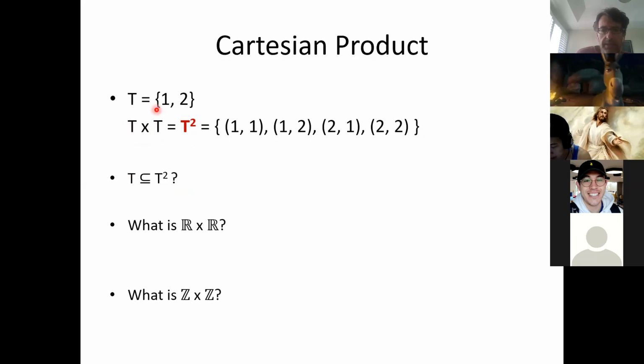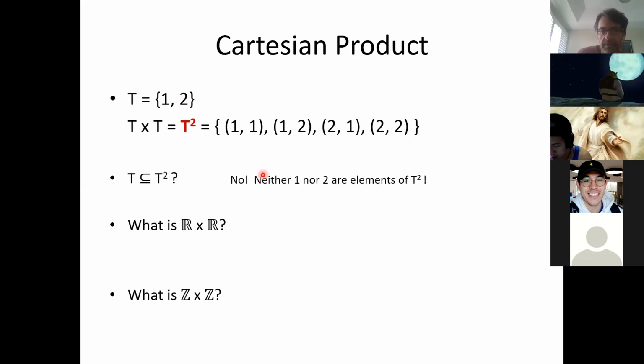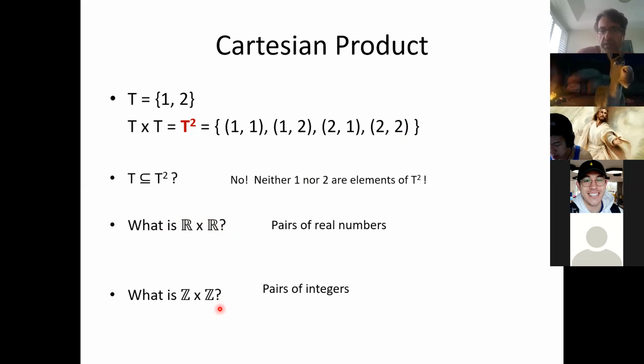Is this set included in this one? No, because syntactically, this is a subset of integers, and this is a subset of pairs of integers, and there's no integer that is a pair of integers at the same time. What is R squared? It's the set of pairs of real numbers; Z squared, pairs of integers, and so forth.